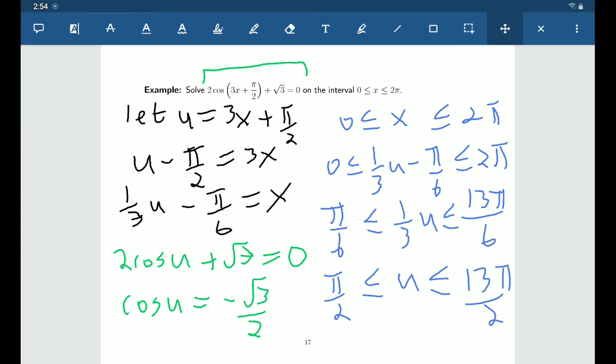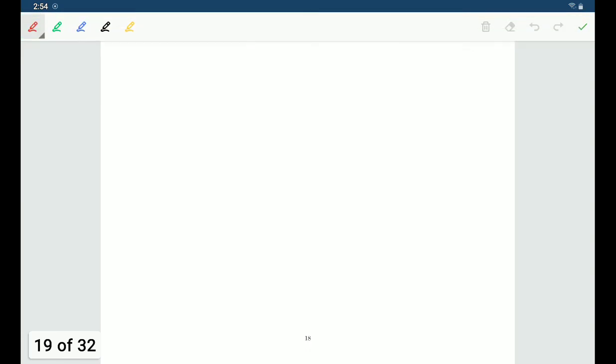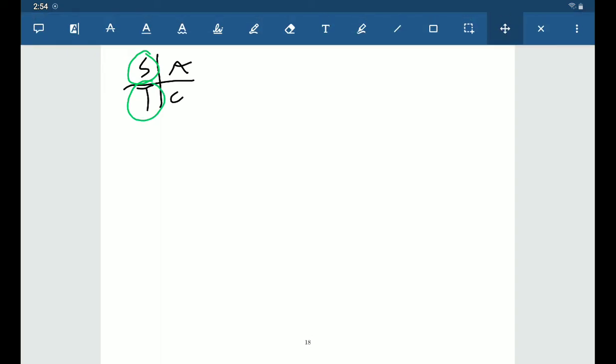We're looking for cosine to be negative, and so we know if we're thinking in terms of quadrants, cosine is positive in quadrants 1 and 4, and it's negative in quadrants 2 and 3. And we also know we were going to pass through quadrant 2 and 3 times.